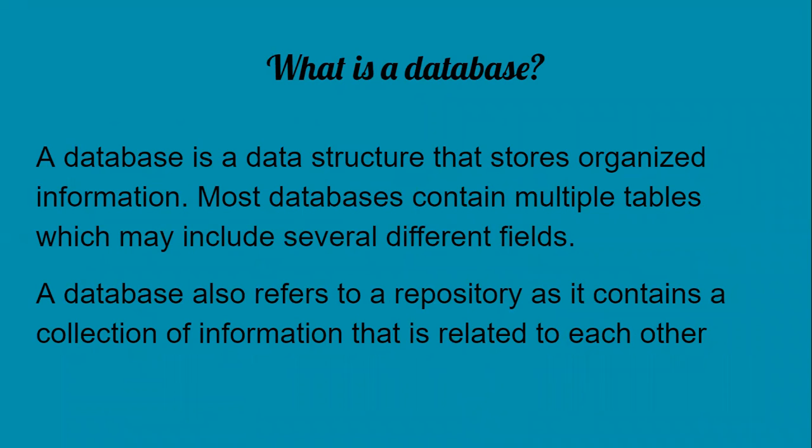For example, a company might have a database that has tables for employees, products, and financial records. Each of these tables would have different fields that are relevant to the information stored in the table. A database also refers to a repository as it contains a collection of information that is related to each other.